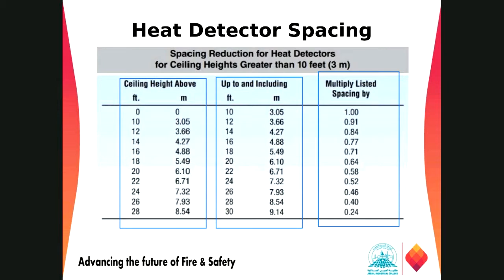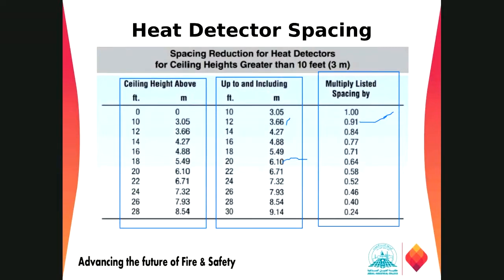But if you see 3.66 meters, you have to multiply by the efficiency of the listing, reduced to 91%, right? The spacing is 91% of the 12 meters. And all the way, if you are going to 6 meters, it's only 64% of the listing, right?